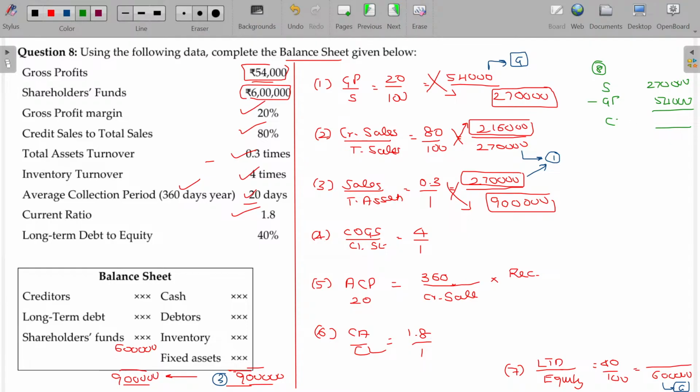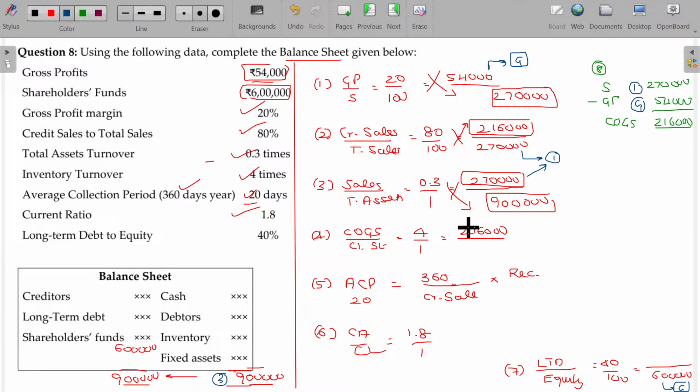And cost of goods sold will be 2,16,000. We got the sales from working note number 1. GP given. Cost of goods sold is the balancing figure, 2,16,000. Now I fit that here, 2,16,000.